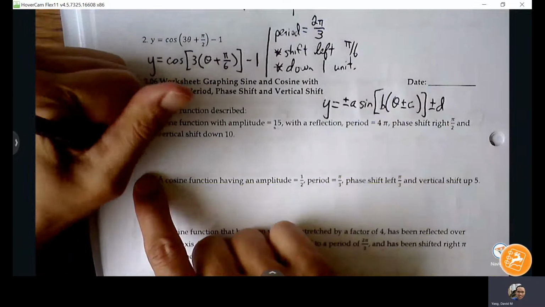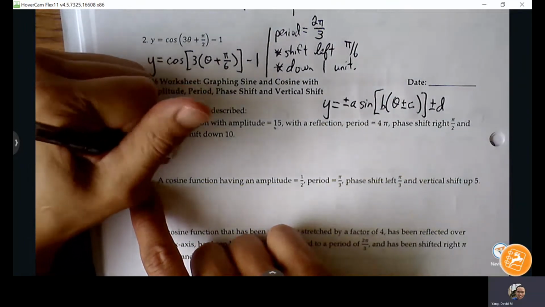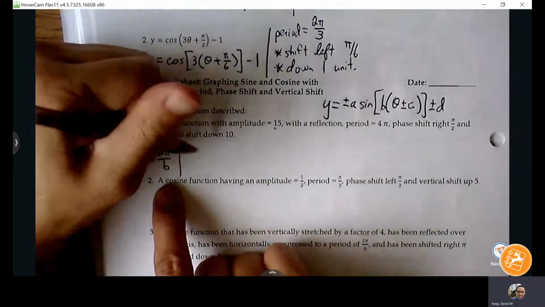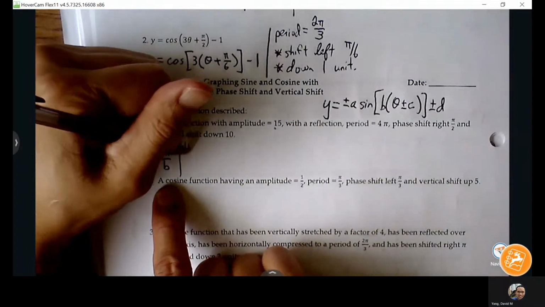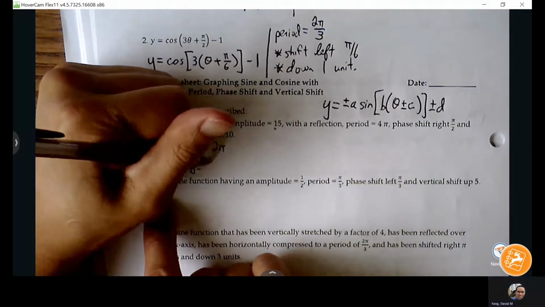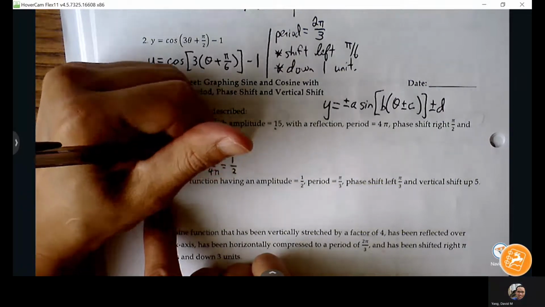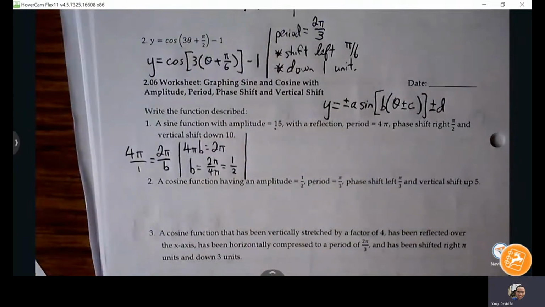So we know that the period is 4 pi. We set it equal to 2 pi over b. That's our formula. Cross multiply. b equals 1/2.